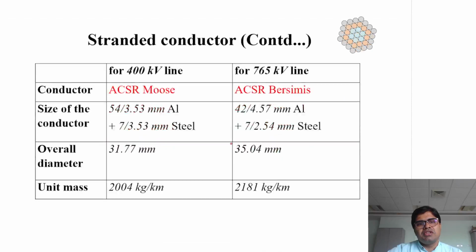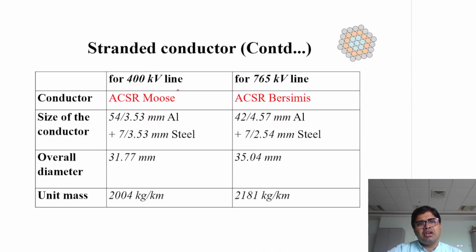Now this is practical data. If we have a 400 kV transmission line, we use ACSR Moose. This is the nomenclature. Now what is the size of the conductor? This is the central one and the first layer 6. This 1 plus 6, 7 strands, are made of steel with a diameter of 3.53 millimeters.